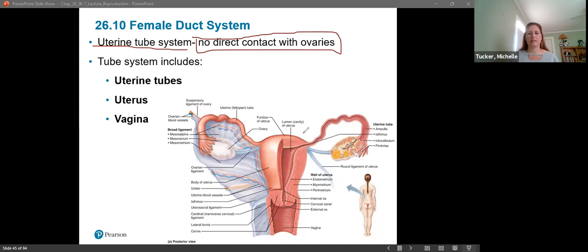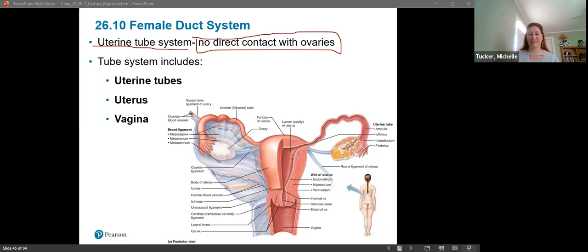This is why STIs can become much more of a problem in females than in males. In males, because that duct system is closed, the infection will stay relatively contained. In females, especially with things like gonorrhea, chlamydia, that infection can work its way up.